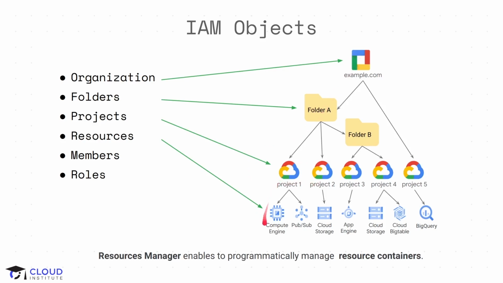Projects are important because we can't use any resources, such as a VM instance, a web subnet, or a Cloud Storage bucket, without a project, but we can use resources without folders and organization. Projects are also important because they allow us to manage the billing for our resources, and we can also use Resource Manager, which allows us, by API, to manage the resource containers.